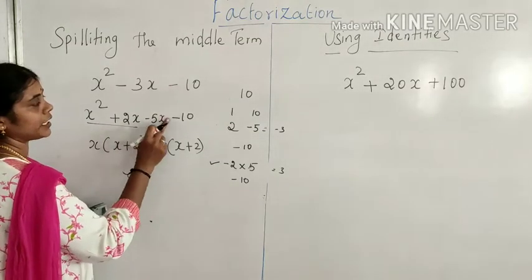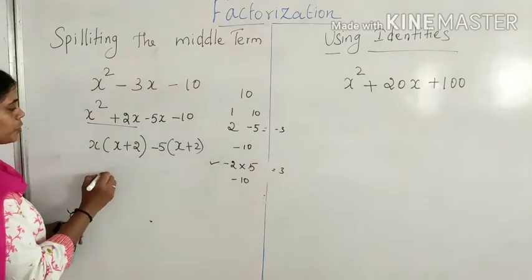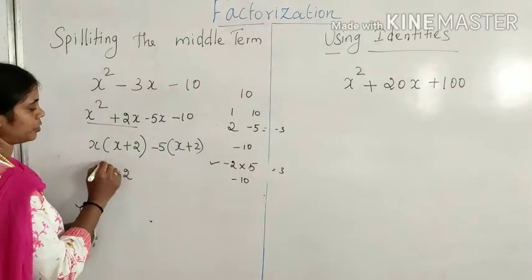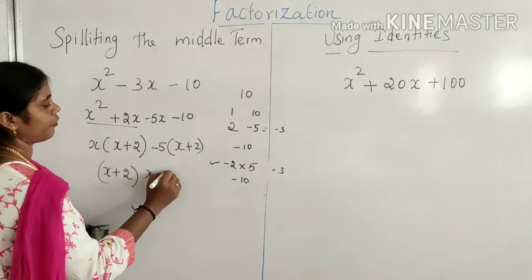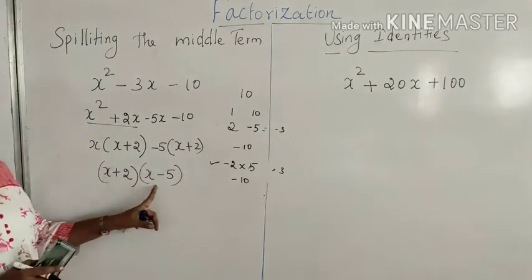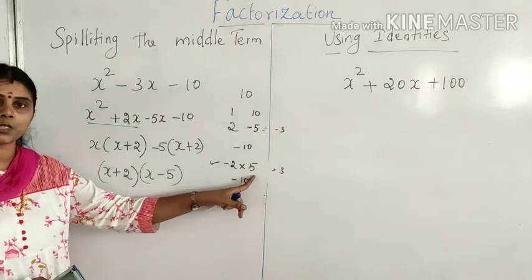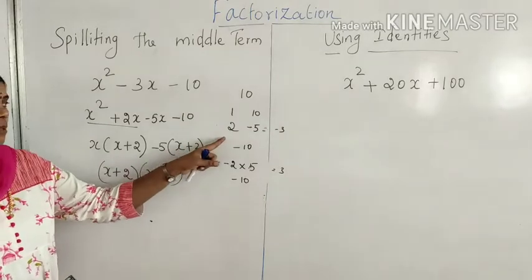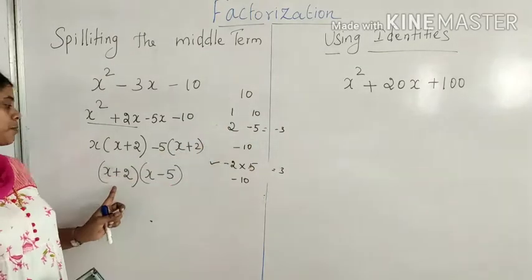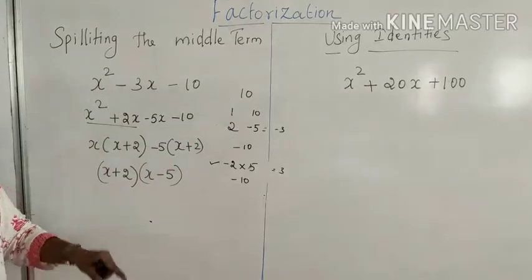So here I have taken the minus as common out, left is plus. So x plus 2 is common out and x minus 5. Now I got the factors x plus 2, x minus 5. Directly you can write it: plus 2, minus 5 means x plus 2, x minus 5. You can write from here directly also.